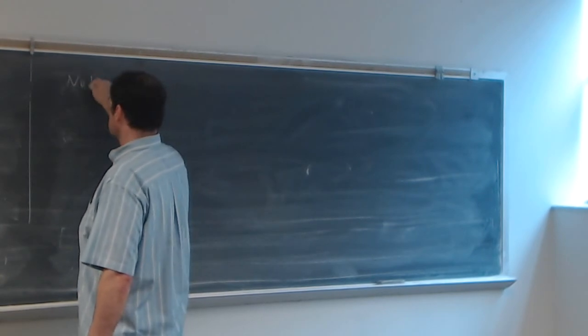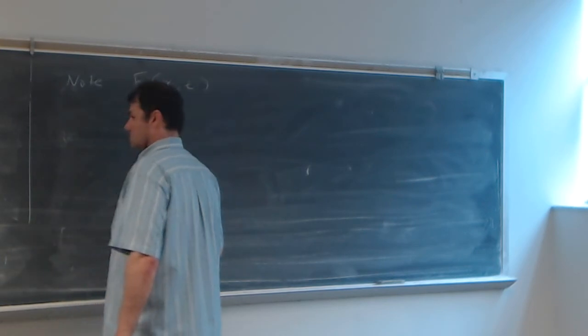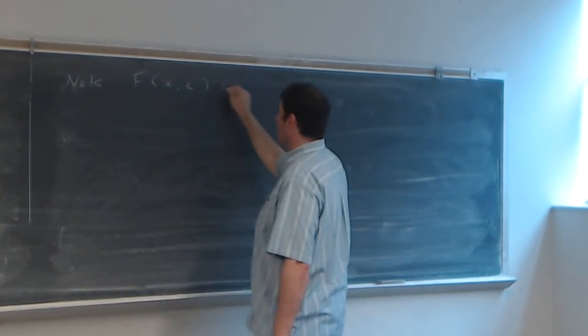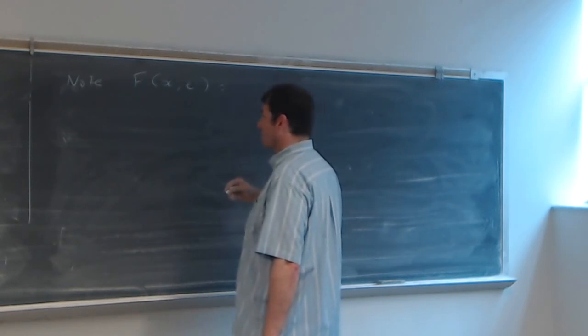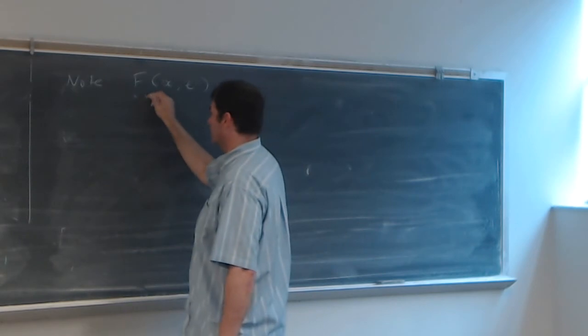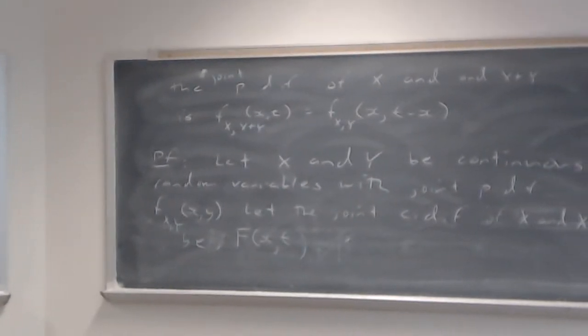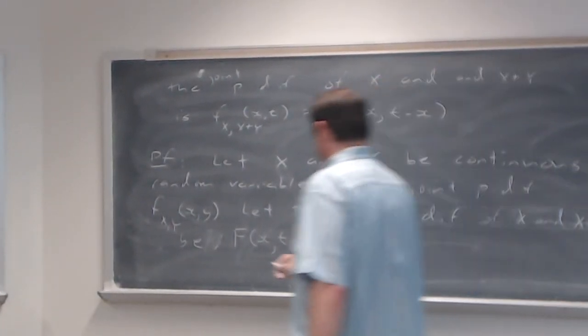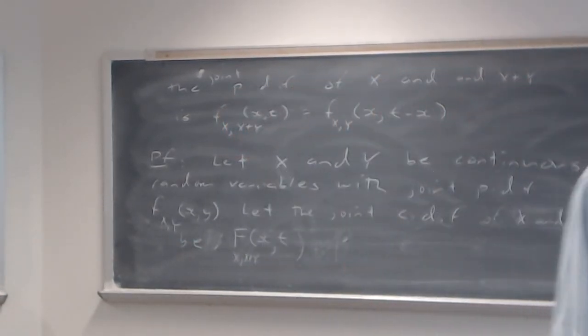Note f of x comma t. What that's equal to, you could put x and x plus y here, because that's what we're talking about. If you want to go back, change this, you can. It's okay. So the notation is very consistent and clear. Well, what does this mean?